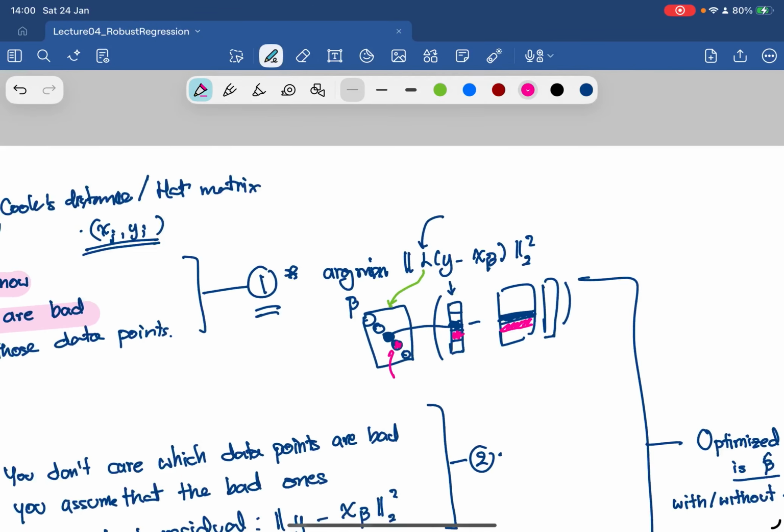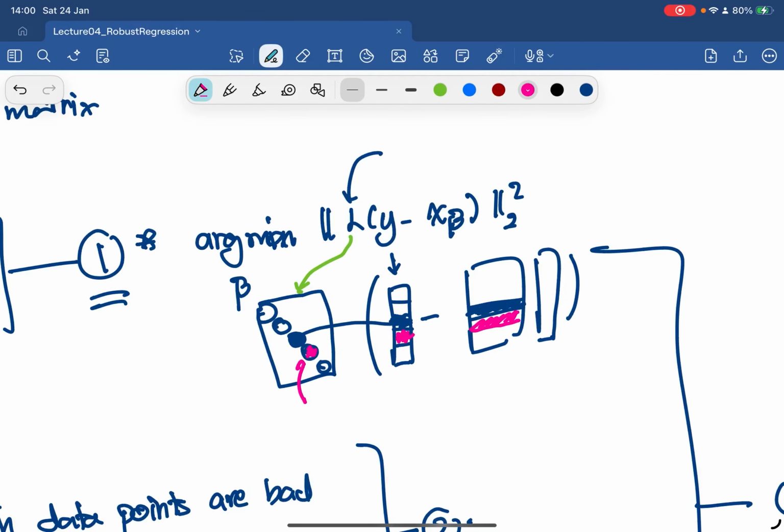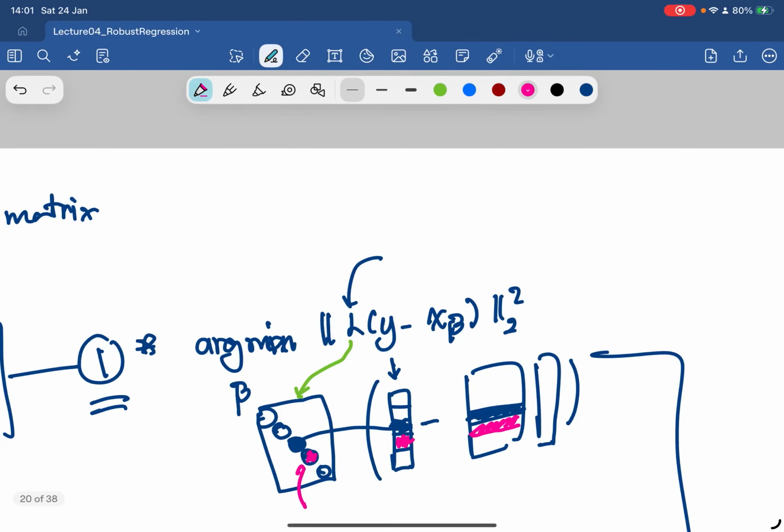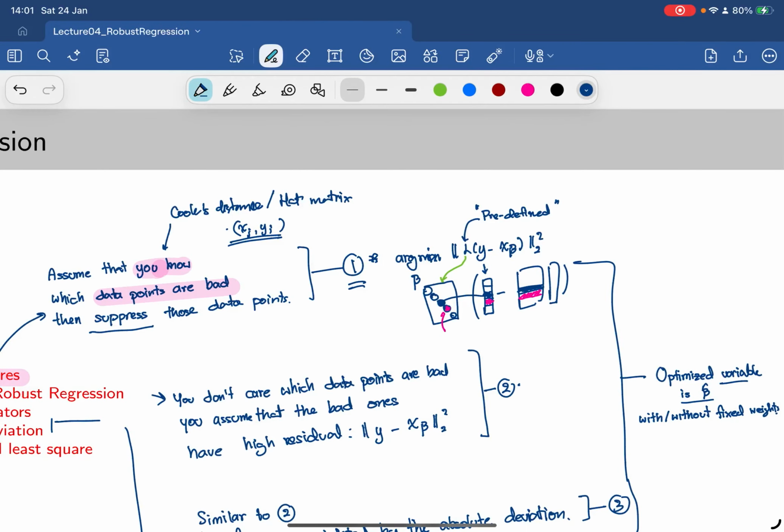As you can see, because we predefine this L matrix, or in other words, we assume that you know what this L should be, the algorithm would just estimate the model parameters beta by solving this least square problem.